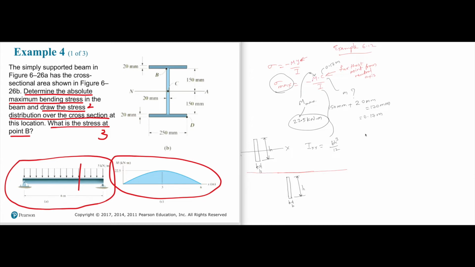The axis need not be on the section of interest. It can be away from the section of interest. So let's say this distance is x. Then if I ask you what is I with respect to some arbitrary axis x dash, x dash?